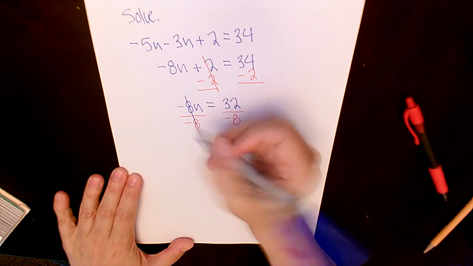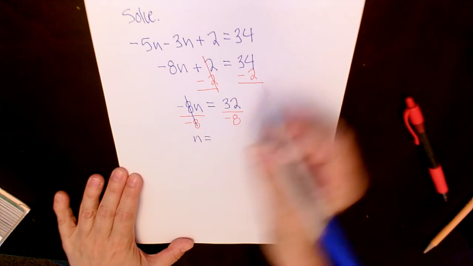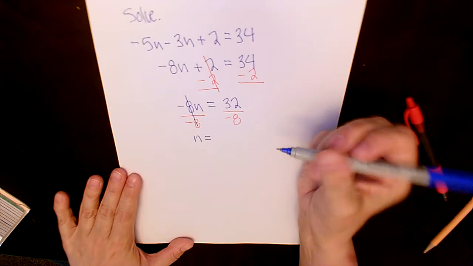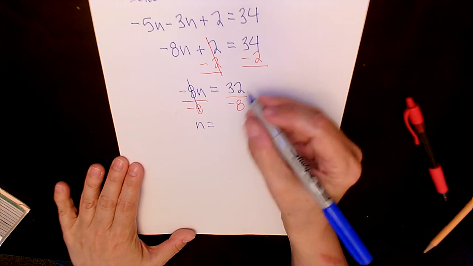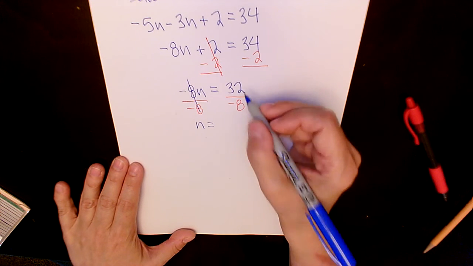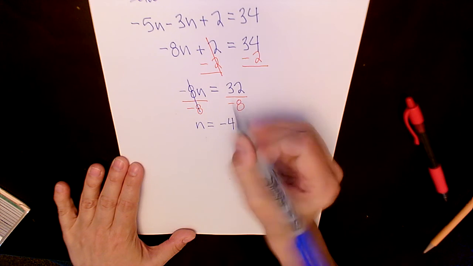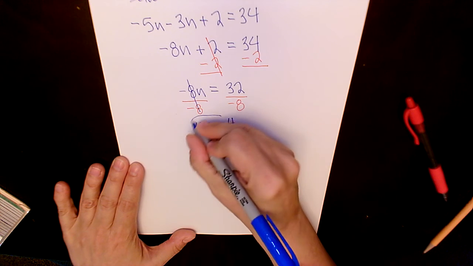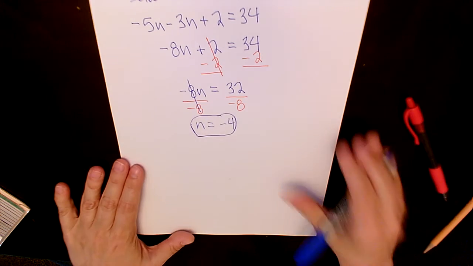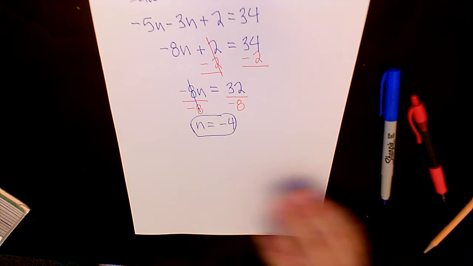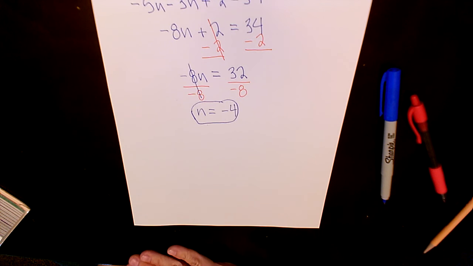And these cancel out. 32 divided by negative 8 is going to be a negative. It's a negative 4. So that is my solution, n equals negative 4.